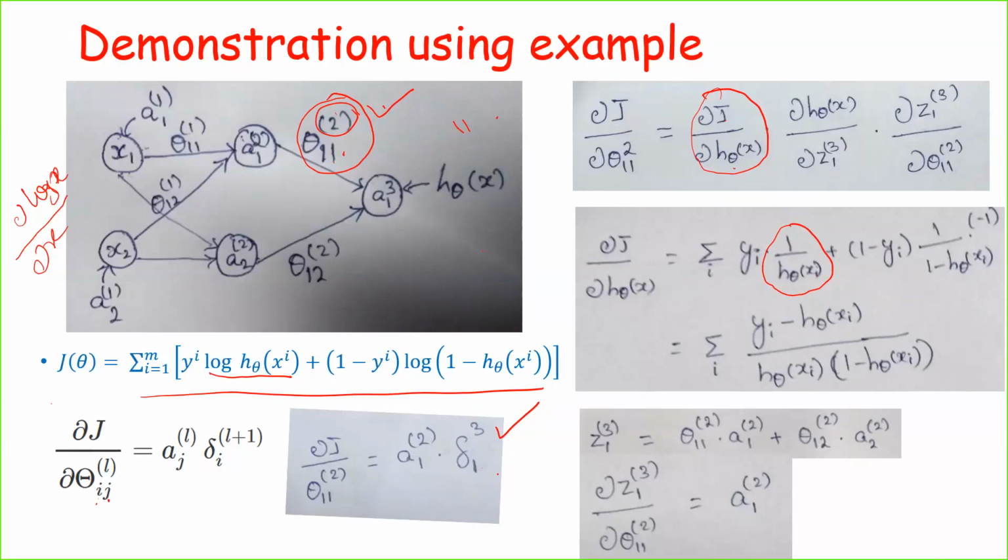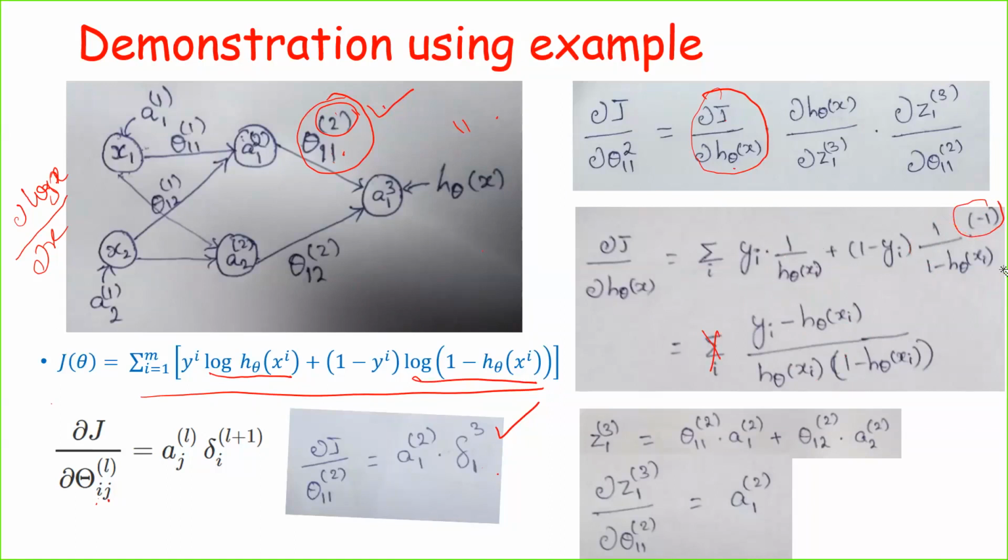And the derivative of log of 1 minus h theta of x with respect to h theta of x is 1 divided by 1 minus h theta of x, and the derivative of the inner term is minus 1. When you take it with respect to h theta of xi, this will be yi minus h theta of xi divided by h theta of xi times 1 minus h theta of xi.